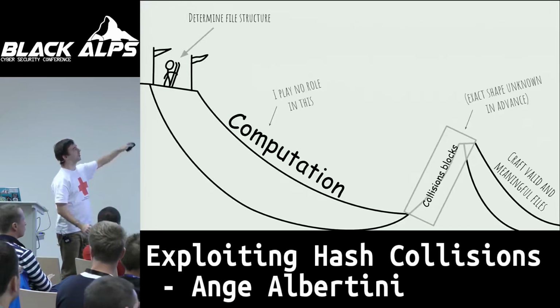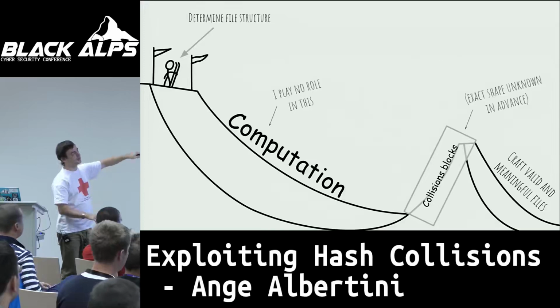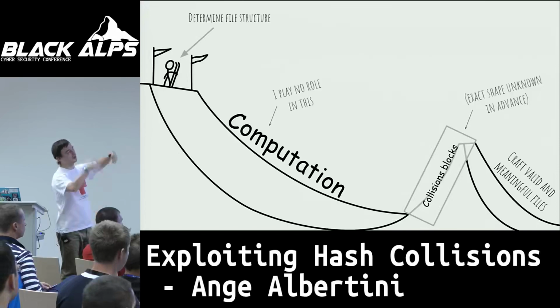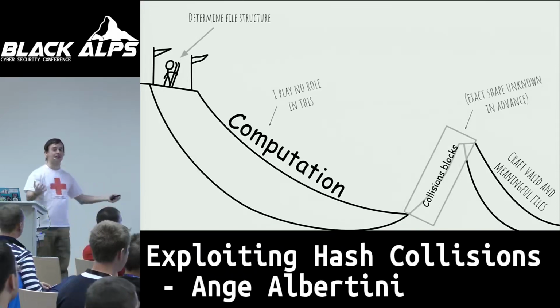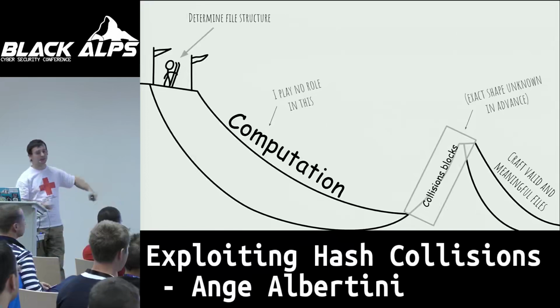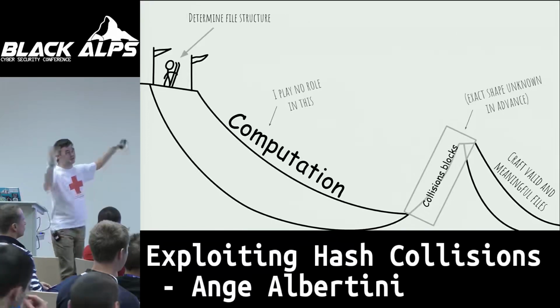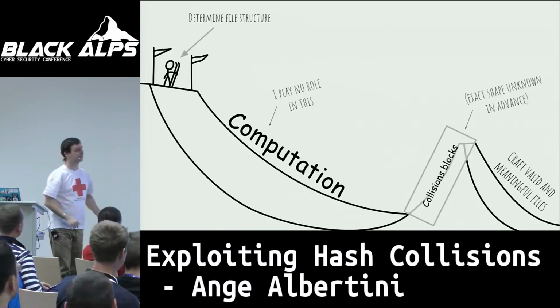I just play a role at this part, determining the file structure. Then there is this big part that is unknown, that I don't play a role in. And then there are collision blocks which are not determined because they are determined by the computation. And then the good thing is that we have at the end to have 2 valid files, no matter what happened here. So it's like planning and then hoping to land recovery, and there is a single try.